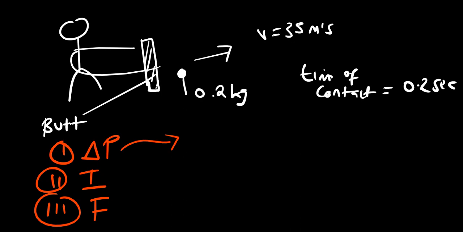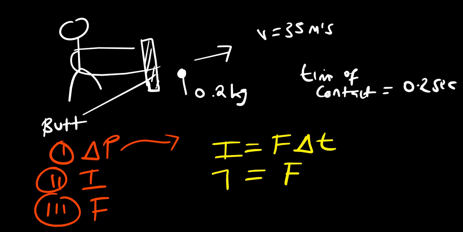So how are we going to solve the average force? For us to find the average force, you know that momentum or impulse is equal to force multiplied by the time. In this case we've already found the impulse to be 7, which equals the force multiplied by the change in time.